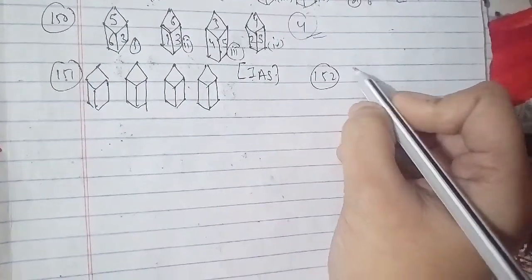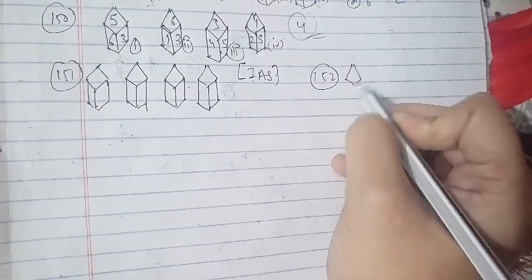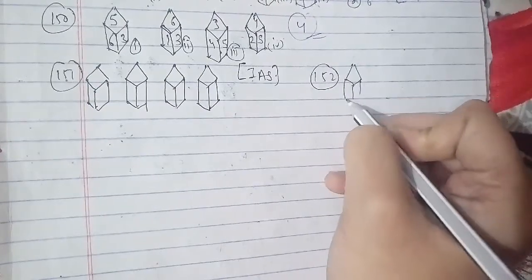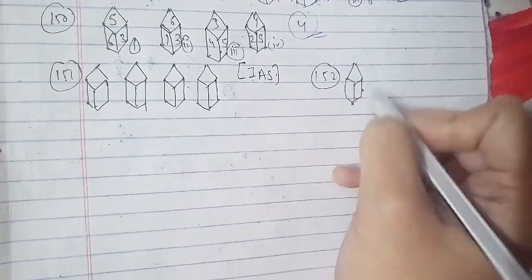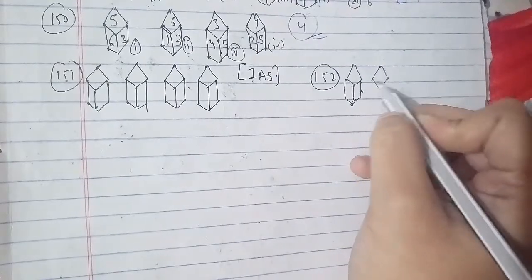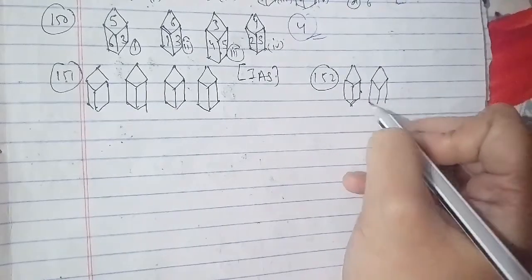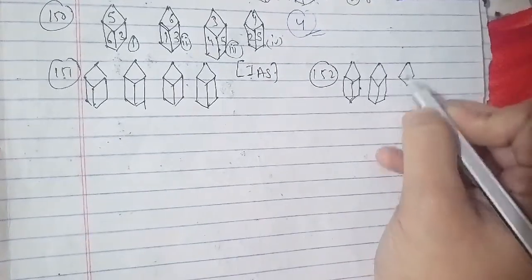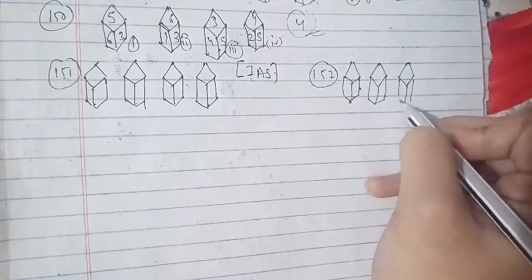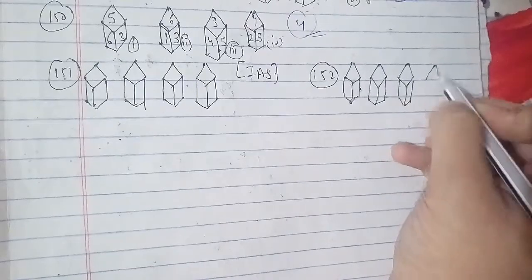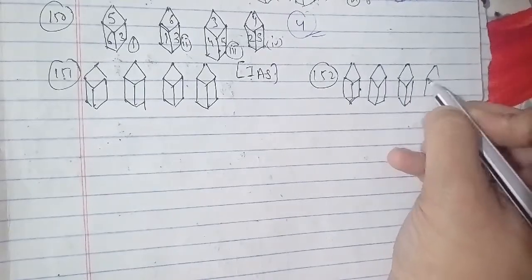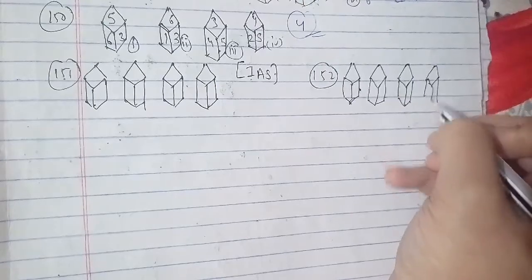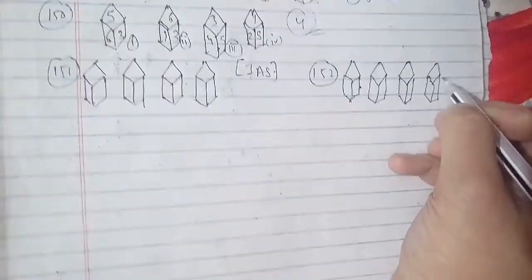So I'll write it on the dice here as well, and we'll solve one by one. This has been written here.